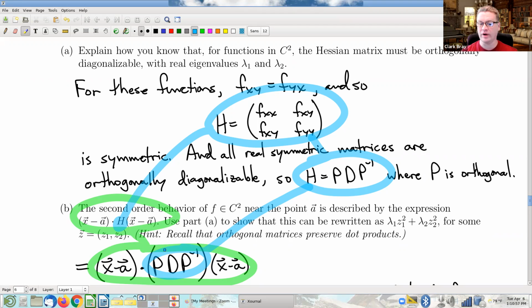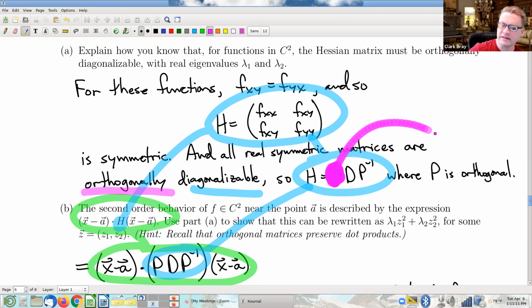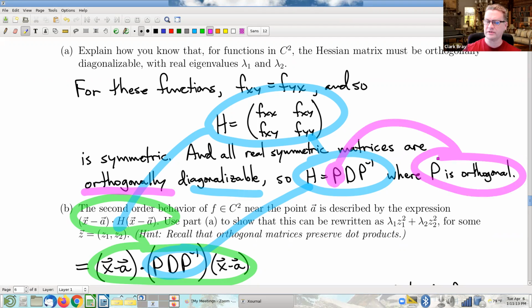Okay, now wait a second. It's not just diagonalizable. This matrix is more than that. It is orthogonally diagonalizable, right? So orthogonally diagonalizable means that not only is it conjugate to a diagonal matrix, it is conjugate by way of an orthogonal matrix, or said differently, an orthogonal change of basis.